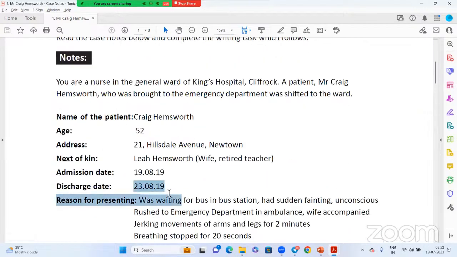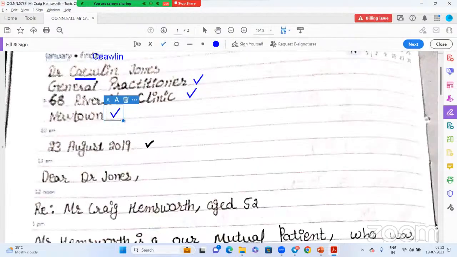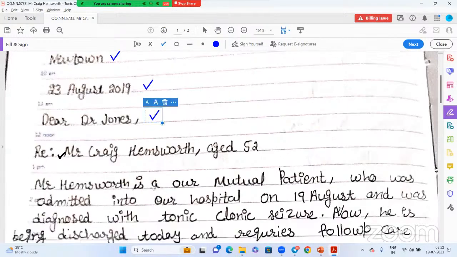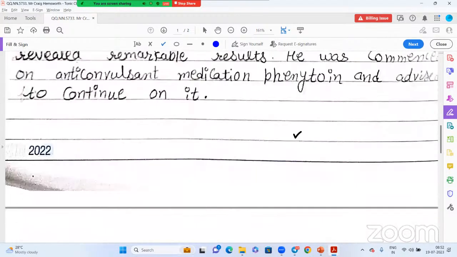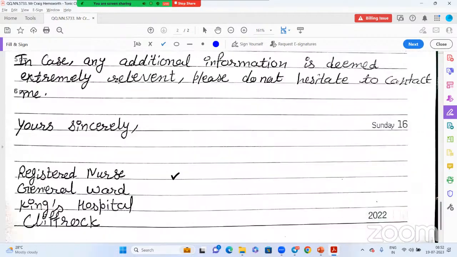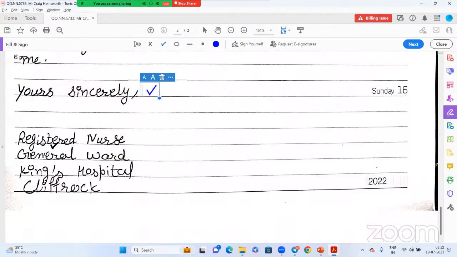Discharge date 23/8/2019. So 23 August 2019. Dear Dr. Jones, regarding Mr. James Hemsworth, aged 52. That's fine. Next year, sincerely. That's fine.